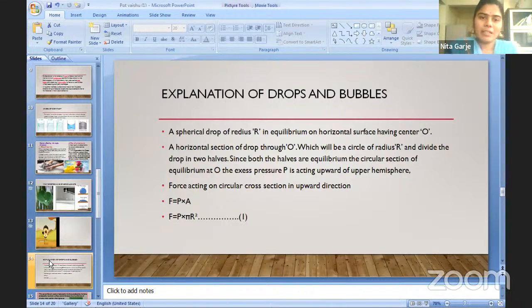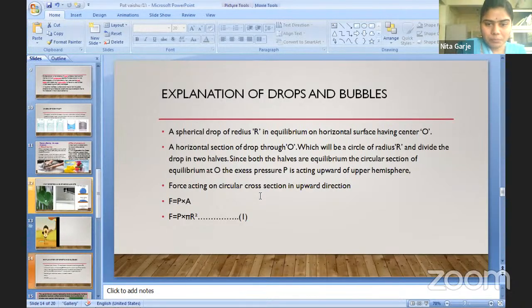Then the explanation of the drop and the bubbles. When a drop has a spherical nature with radius r, in equilibrium on a horizontal surface, the center is O. When the drop is divided into two halves, the equilibrium in the circular section at O expresses the pressure acting upward on the upper hemisphere.